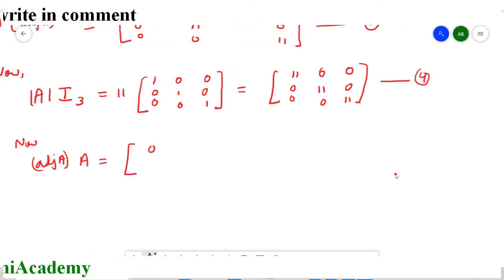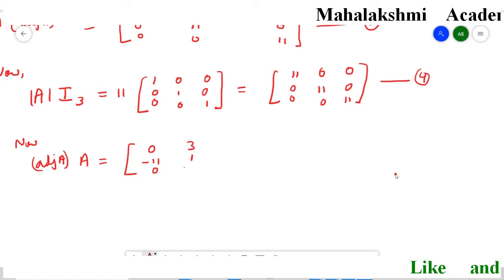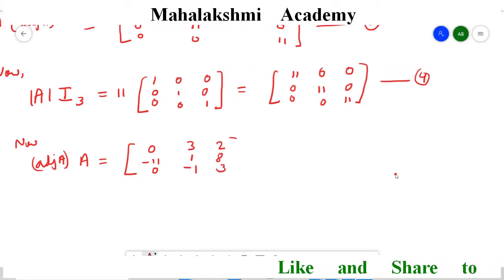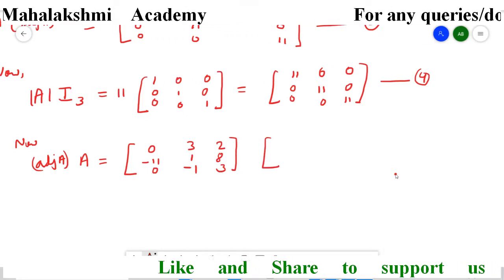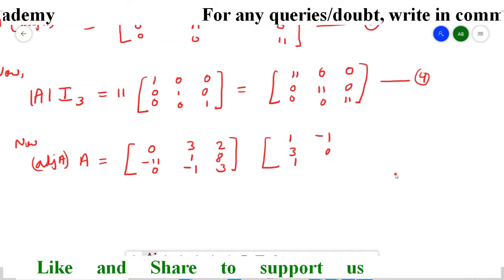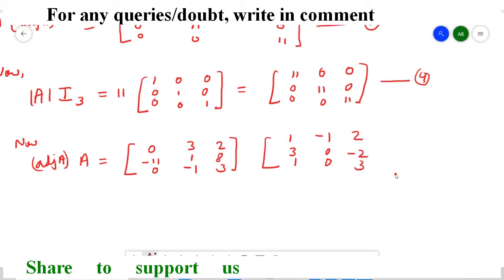From there, I am writing the adjoint of matrix A here. Then matrix A. Matrix A is 1 3 1, then minus 1 0 0, then 2 minus 2 and 3.